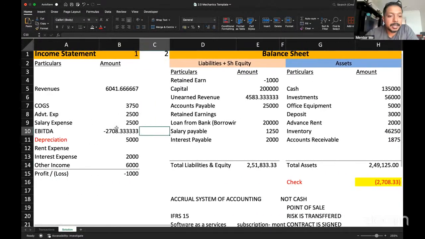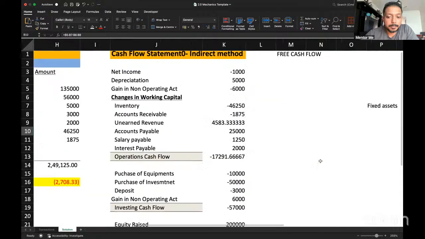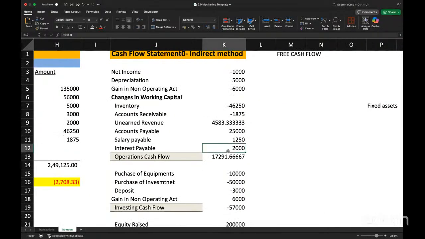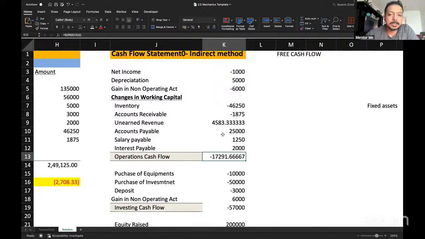And here it is negative 2,708. So your income statement was actually showing a better picture, but in reality it is worse. Now this is what I was saying, like cash outflow is much more than what I'm getting in. And in some cases it might be more for good companies.